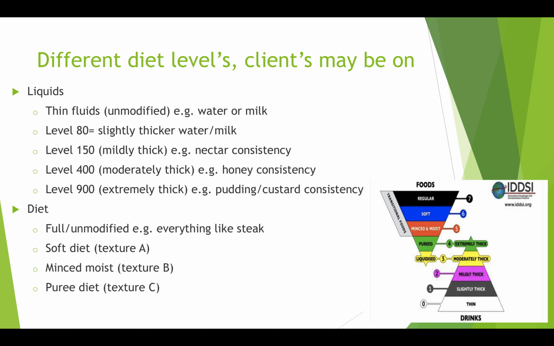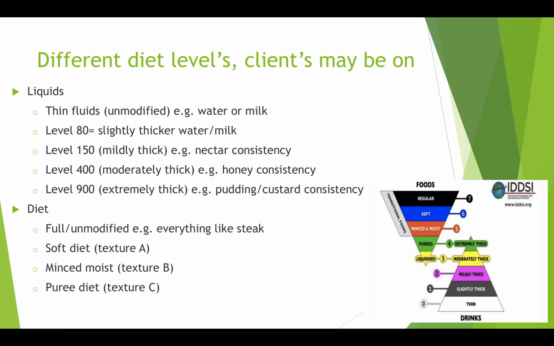There are different levels of thickened liquids and diets. There are thin fluids. These are unmodified, for example, water or milk. Level 80, which is slightly thicker. Level 150, mildly thick, and it's a nectar consistency. Level 400, which is moderately thick and is a honey consistency.